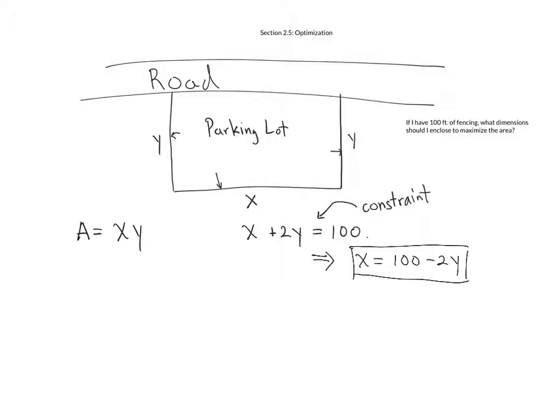And what I find is that the surface area is now equal to 100 minus 2y times y, which I can expand. I get 100y minus 2y squared. And as promised, this is a function of one variable, y.